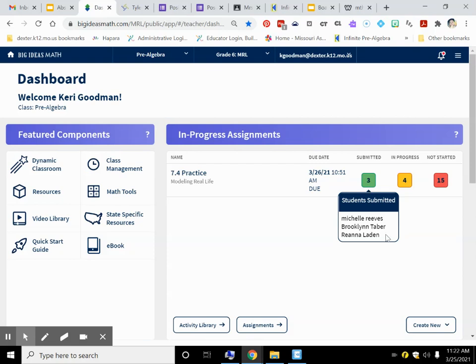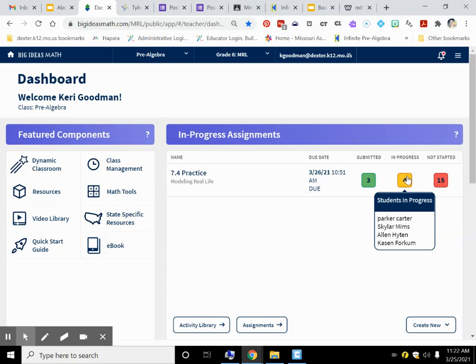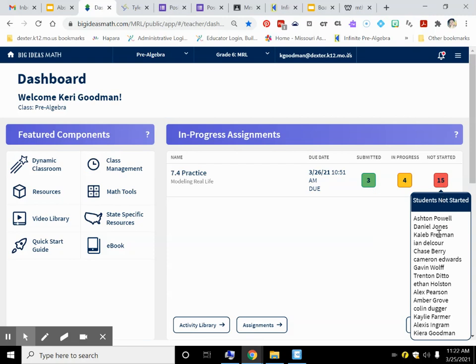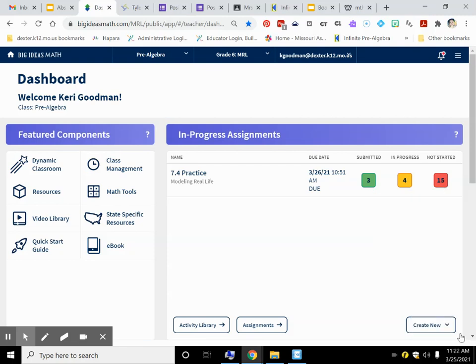So these 3 people have finished it. These 4 people have gotten started on it, so y'all need to finish it. And then these people need to get started. So this is your assignment for today.